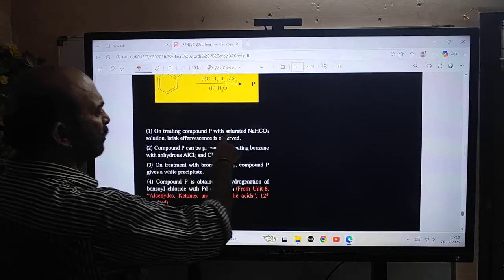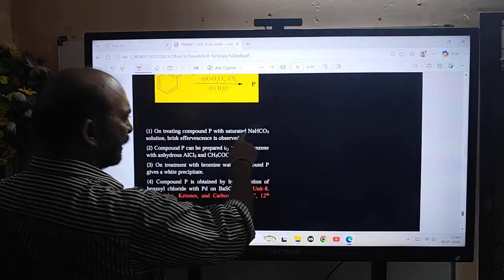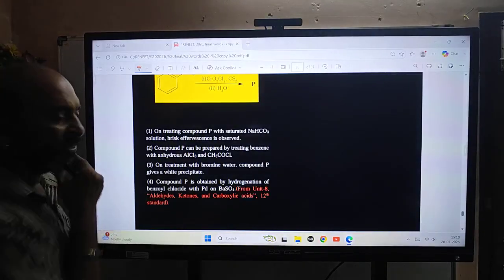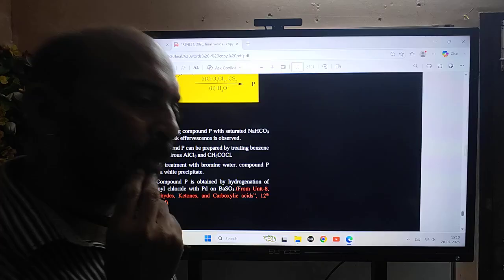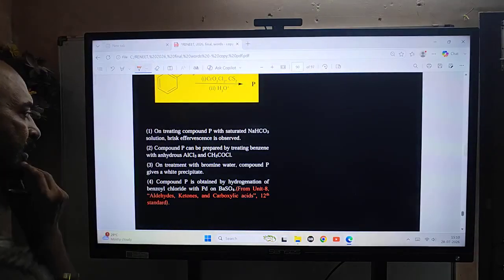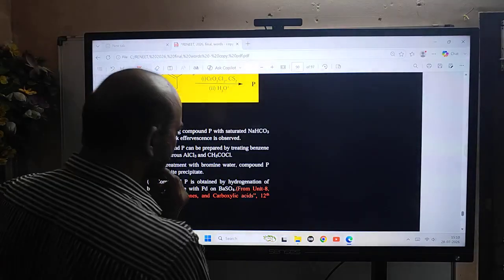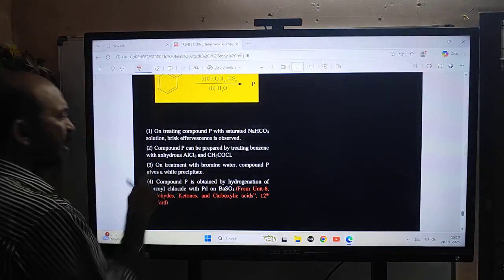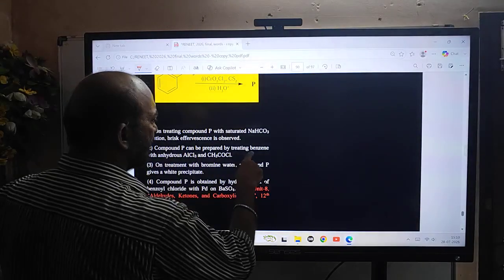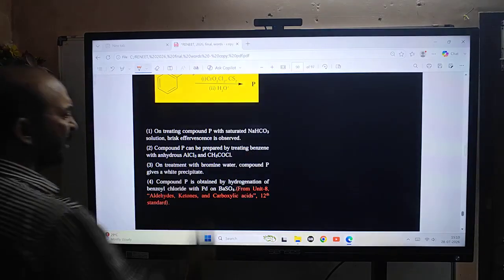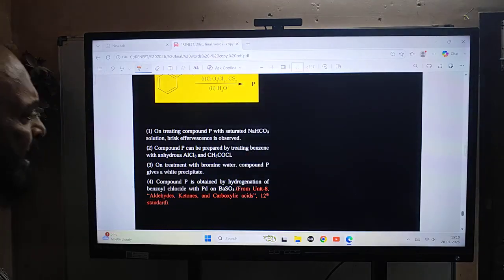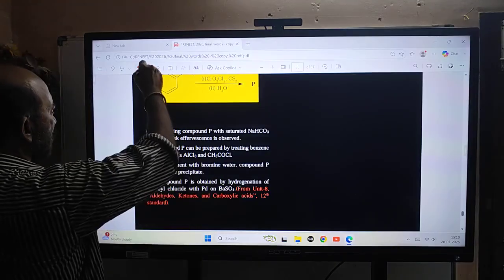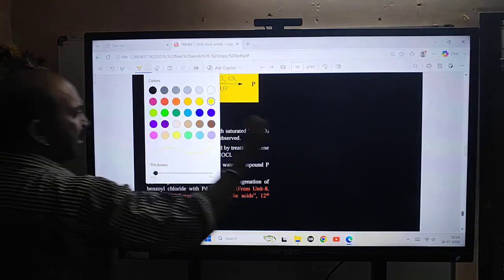On treating compound P, that is benzaldehyde, with saturated Na2CO3, brisk effervescence will be obtained. No, only carboxylic acids can produce brisk effervescence with Na2CO3, which is carbon dioxide. No, that is wrong. Compound P can be prepared by treating benzene with anhydrous aluminum chloride and acetyl chloride. No, that is acetophenone, not benzaldehyde.